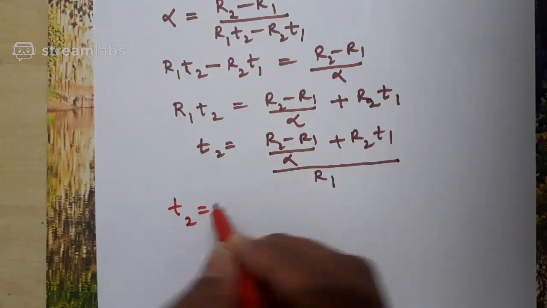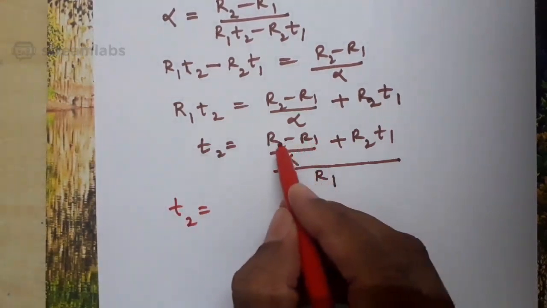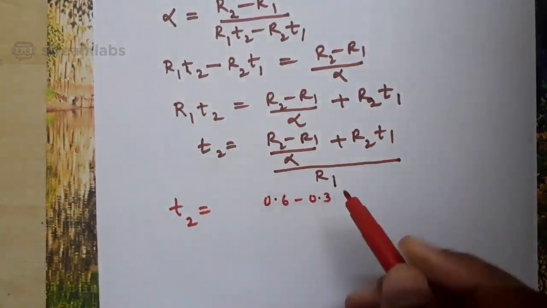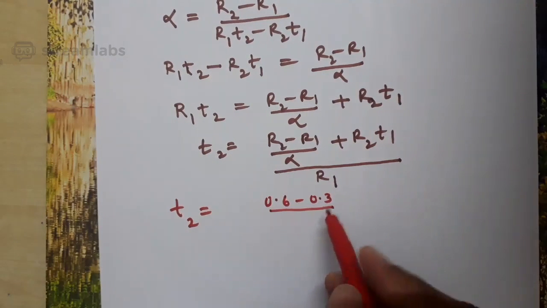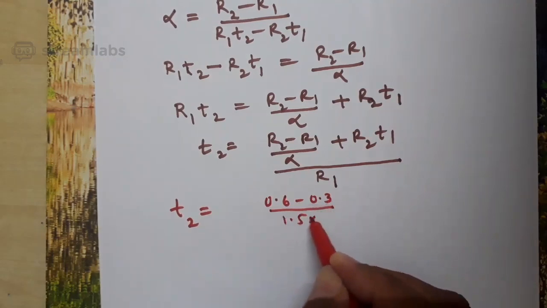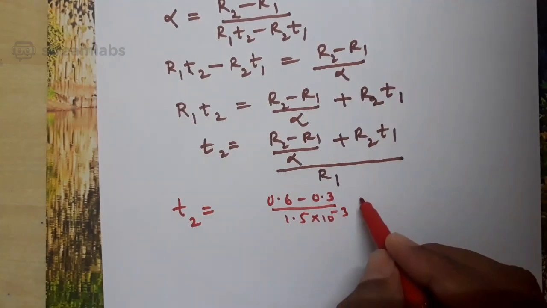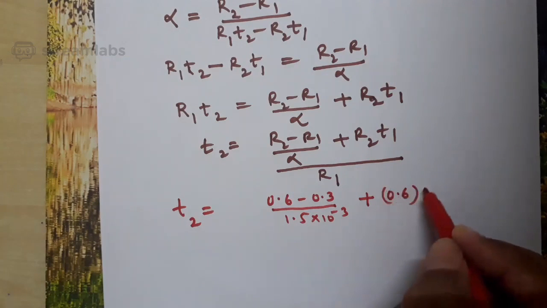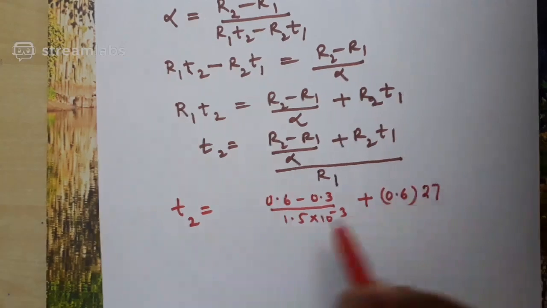T2 will be equal to, what is R2? 0.6 minus 0.3, that is 0.3, divided by what is alpha? 1.5 into 10 to the power minus 3, plus what is R2? 0.6, into what is T1? 27, right?